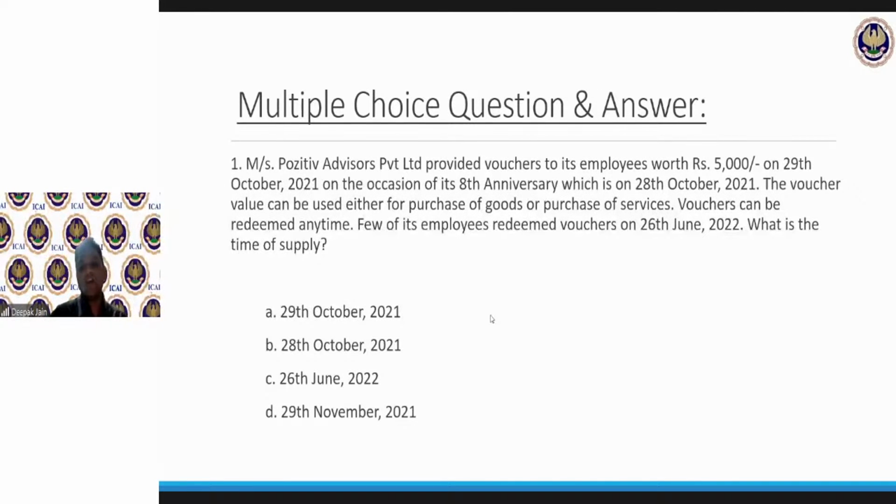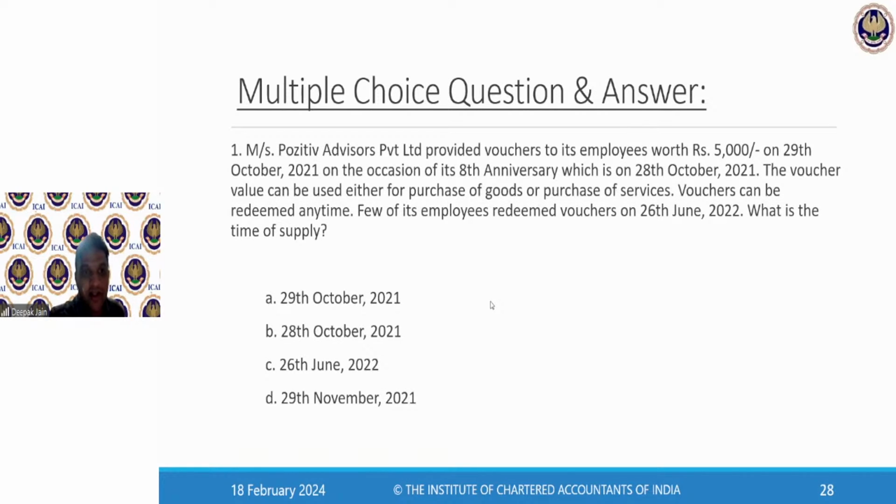In case of vouchers, where the supply is identifiable on the date of issue of vouchers, then the date of issue of voucher itself, else the date of redemption. The question says the voucher can be used for either purchase of goods or purchase of services, which means it is not ascertainable. Then the time of supply is the date of redemption, which is 26th June. So 26th June is the correct answer.